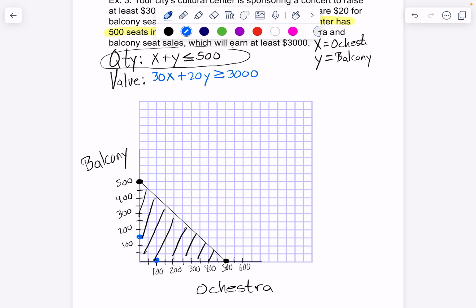And then for my value equation, this is greater than or equal to, so this section here in between denotes my possible solutions that will render the amount of money that I need.